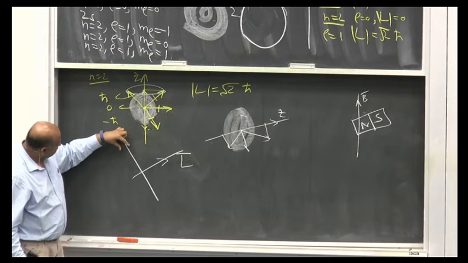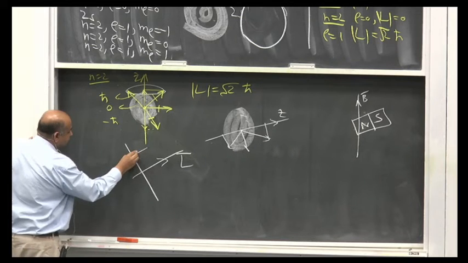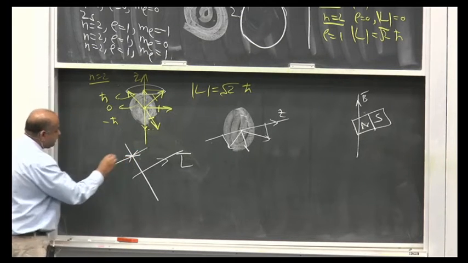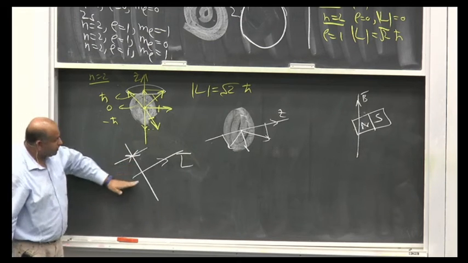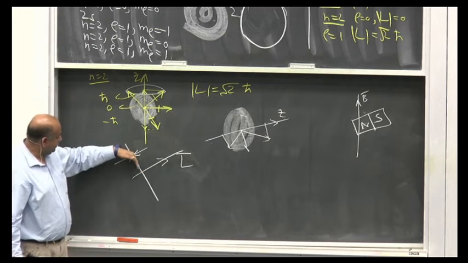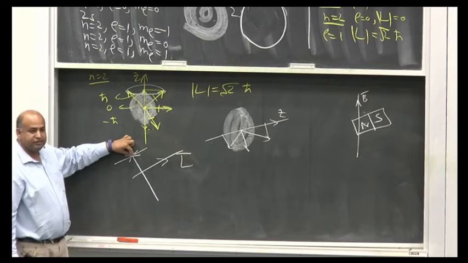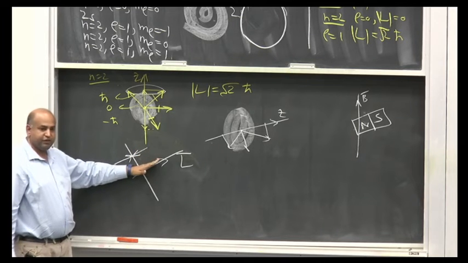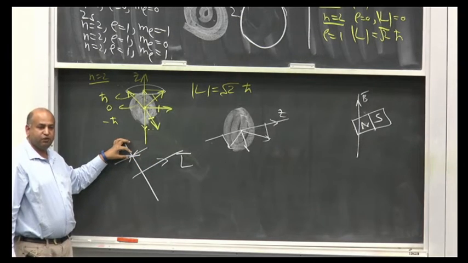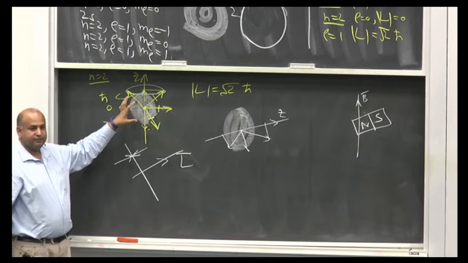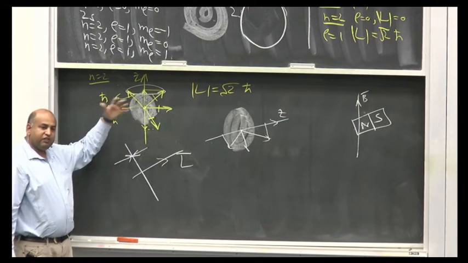So it means that you know its position with infinite uncertainty along this axis. It can be here or here, but it's definitely constrained inside this plane because L is pointing, and the uncertainty principle will not allow it for a localized particle. So everything is consistent here.